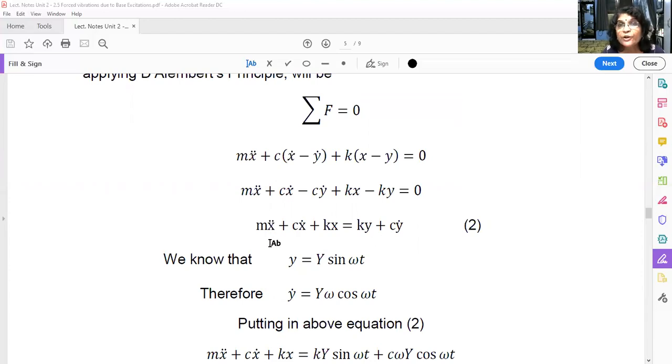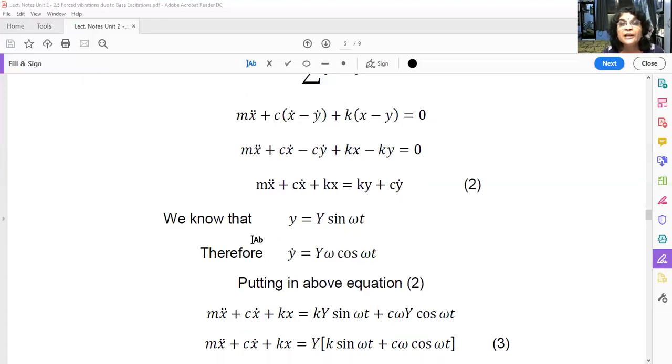But we are not going to use it as it is. We have to convert it into some different parameters. So let us analyze it. We know that y is given by capital Y sine omega t. Therefore, y dot, differentiating this equation, is equal to capital Y omega cos omega t.